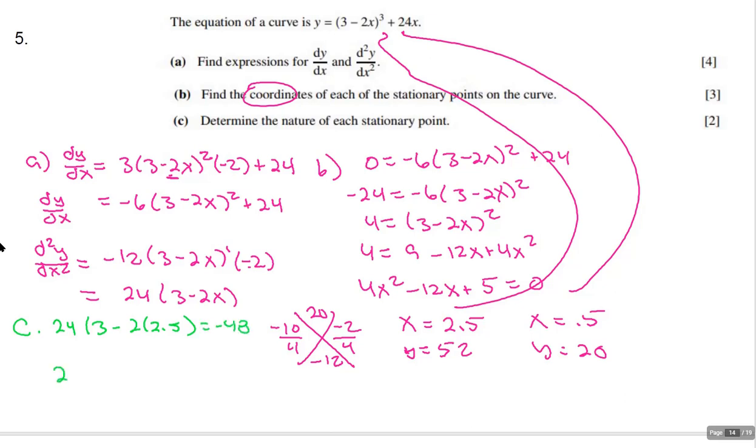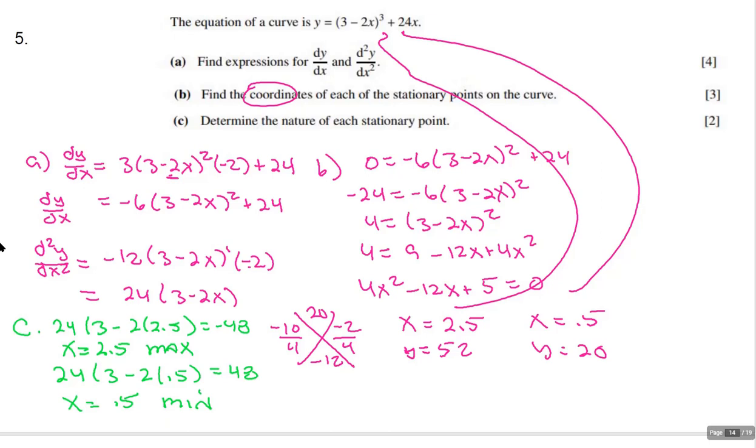And then if I do 24 times (3 minus 2 times 0.5), it's going to be positive 48. And so what I've determined then is when x equals 2.5, it's going to be a maximum. And when x equals 0.5, it's going to be a minimum.